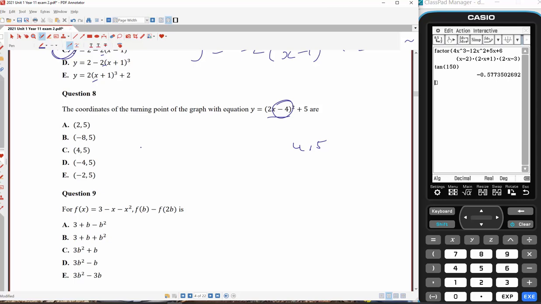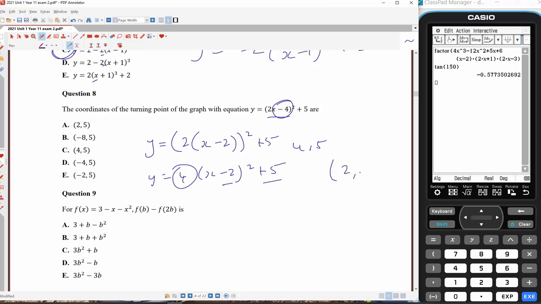What you want to do is get this down to what we call the single x, so y equals 2, comes out x take 2 squared plus 5, y equals 4, x take 2 squared plus 5. Okay, so this is a translation 2 to the right, 5 up, and a dilation factor 4 from the x-axis. So turning point is 2, 5.